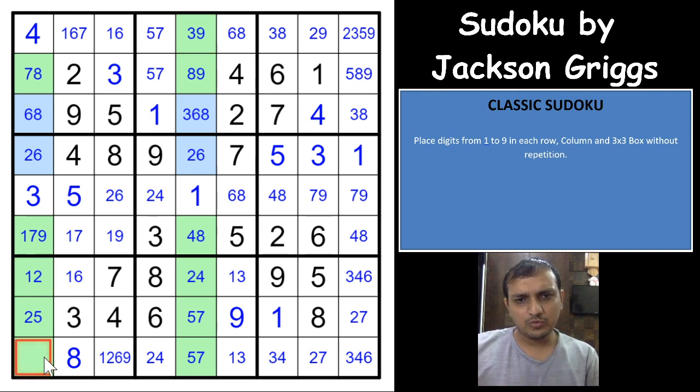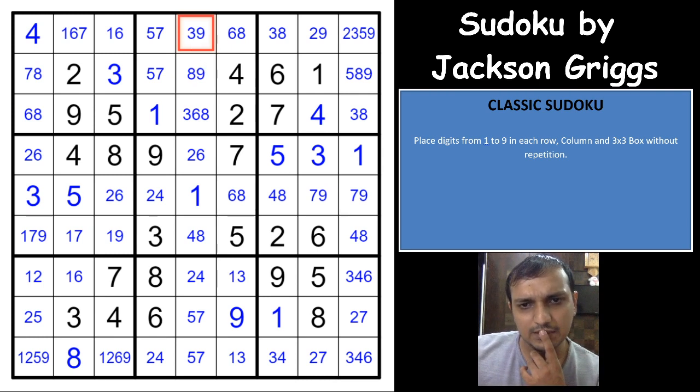So you have 1, 2, 5 and 9. I can write that here, 1, 2, 5 and 9. And maybe clear the pencil marks here. Okay. So we have removed a 6 from this cell. Is that helpful? Because I don't see anything else here.